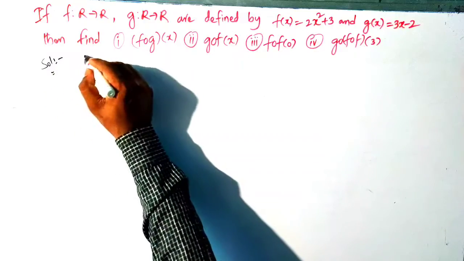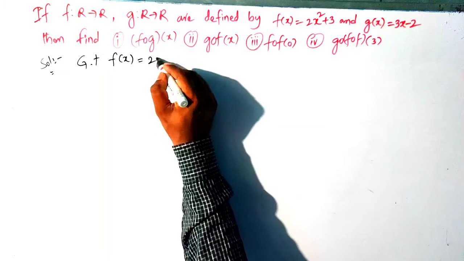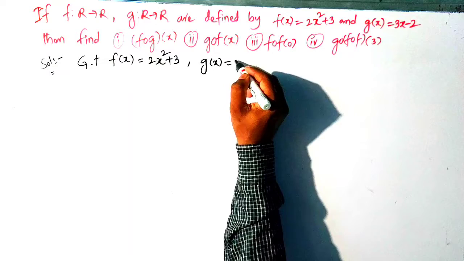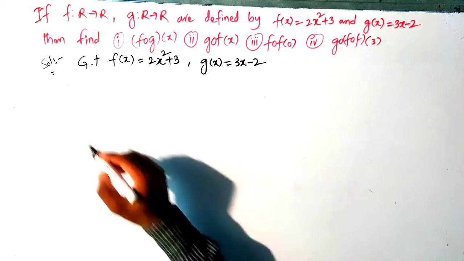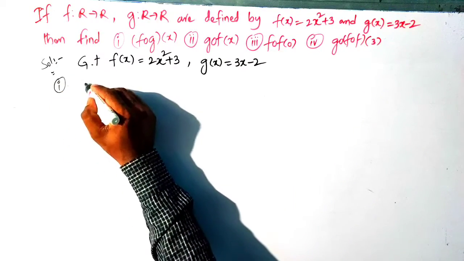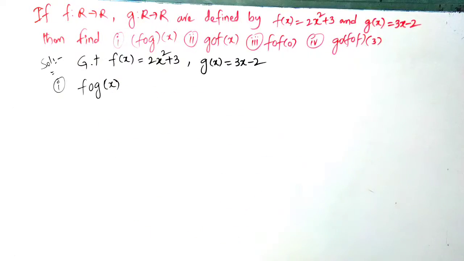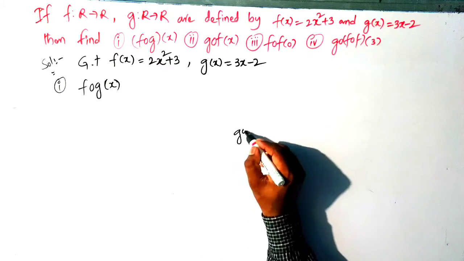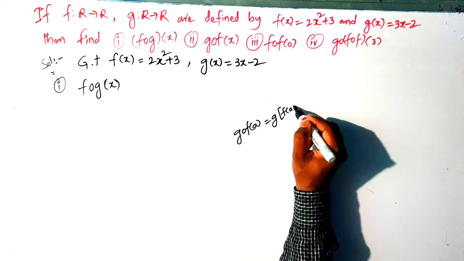First of all, the given values we write here. Given that f of x equals 2x square plus 3 and g of x equals 3x minus 2. So first one we write here: f circle g of x. We have already seen that a combination of two functions, g circle f of a, can also be written as g of f of a.